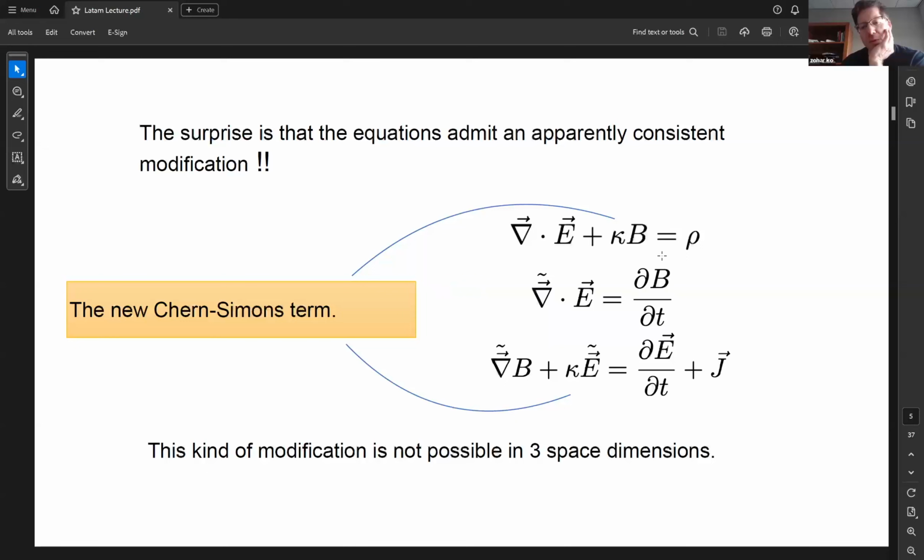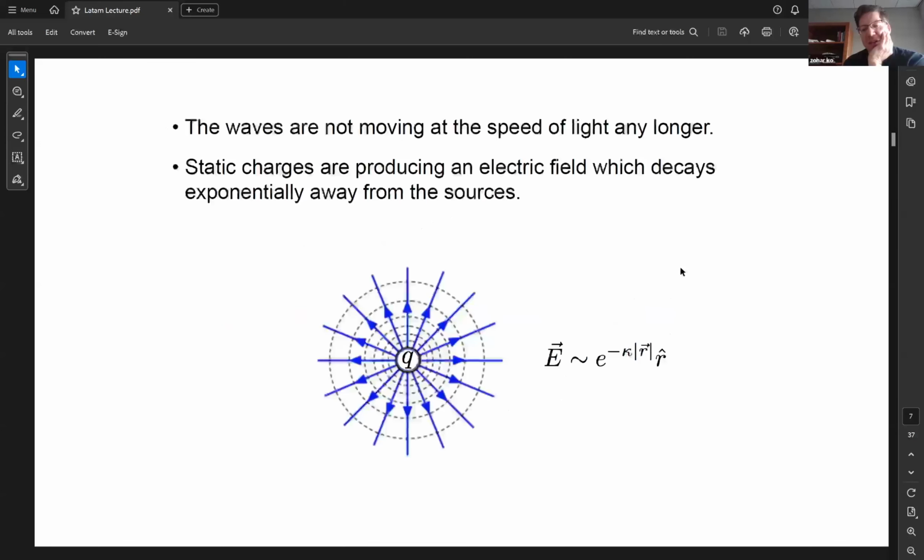If you want to understand waves without sources, you have to put rho and j to 0 and sit at home and solve these differential equations, and you'll find waves that move at a speed which is smaller than the speed of light. That's my claim. The second claim I made is that if you have a point source, it leads to deviations from what you know. The electric field decays exponentially at long distances.